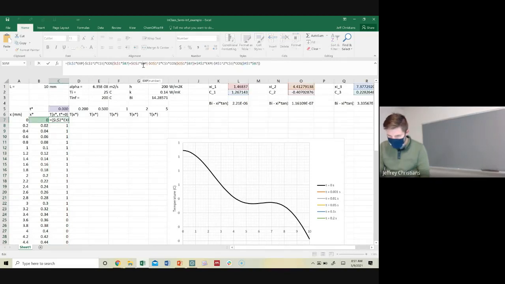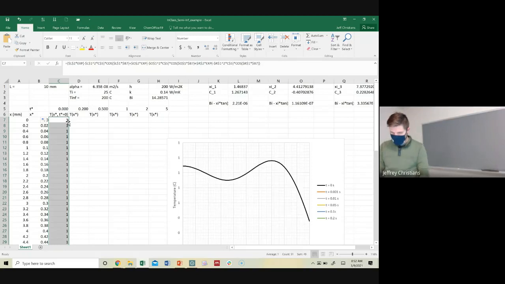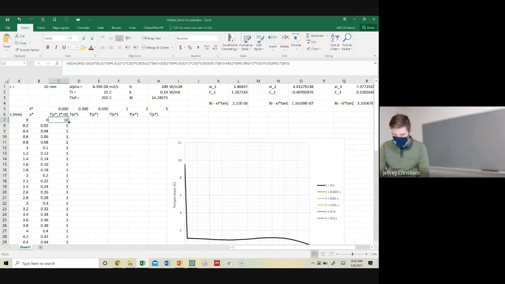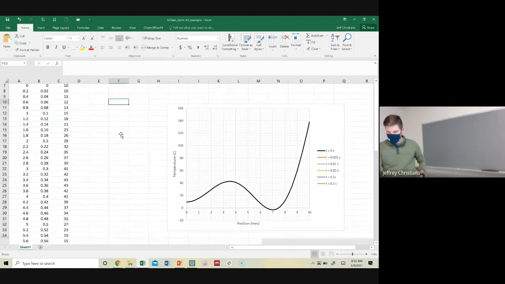Oh, I did mess up a parenthesis. That's better. Okay. All right. That's better.